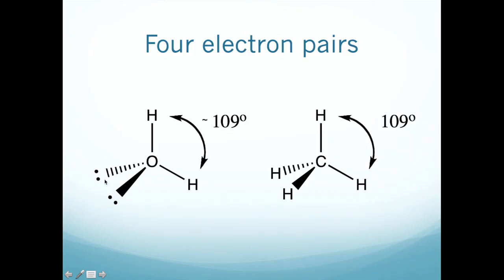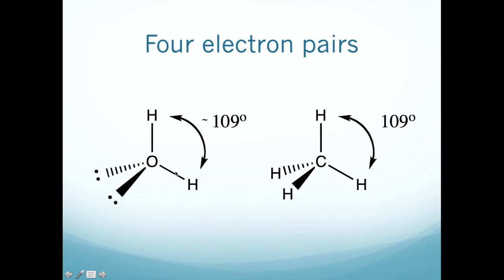Lone pairs, because they don't have any atoms nearby to sort of shield that negative charge, that repulsion's a little bit greater, which kind of squeezes these hydrogens a little bit closer to each other. But again, we're talking about roughly 109 degrees, somewhere in that ballpark. But my point here is again that these 2 bonds are not at 180 degrees.